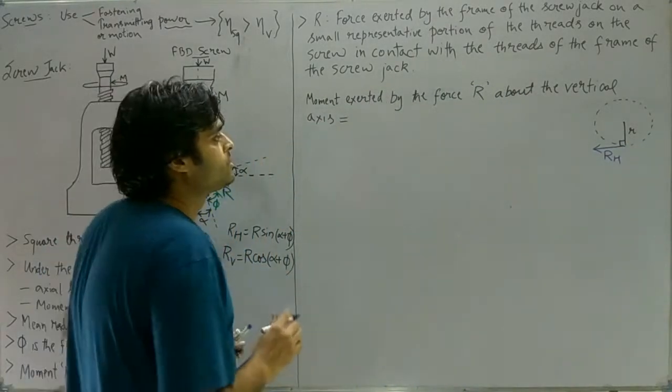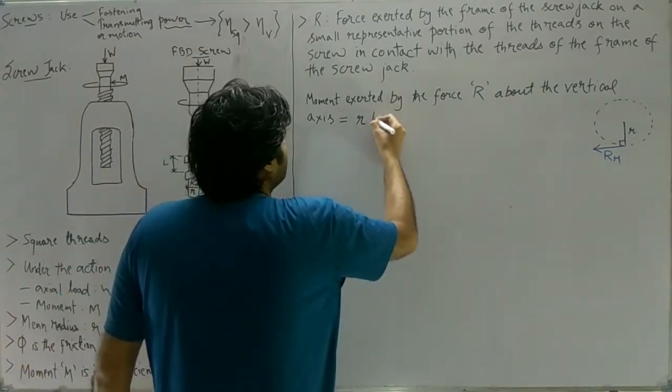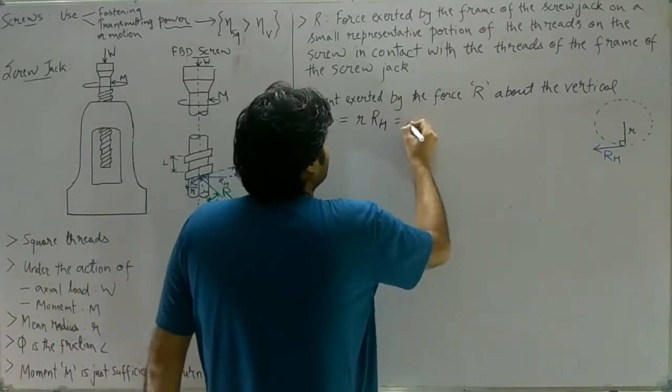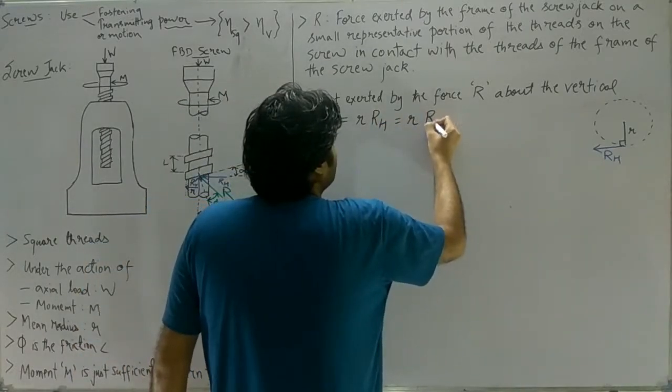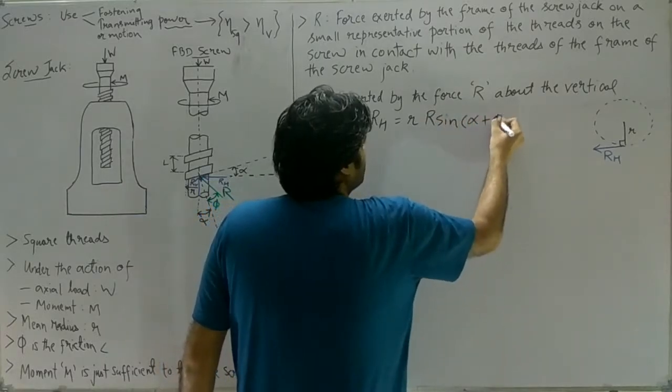Okay, so r cross F will give us nothing but r times RH, which is nothing but r into R sine(alpha plus phi).